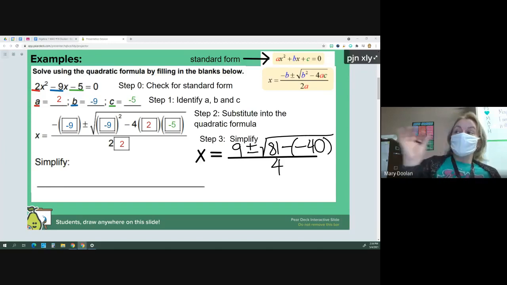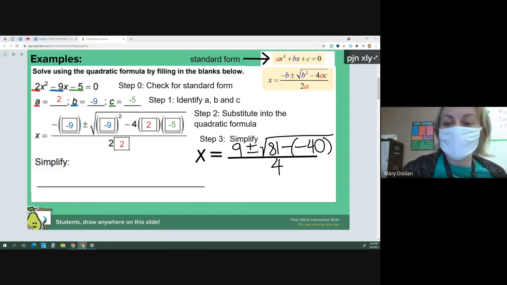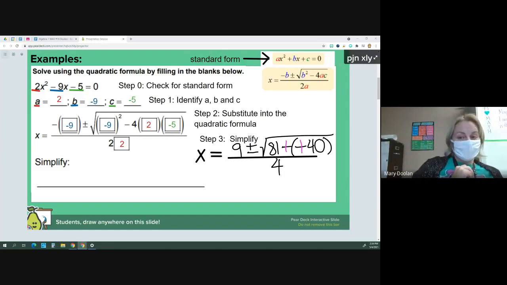I want to keep simplifying the discriminant and the square root. So right now I have 81 minus negative 40. When that happens, you change it to adding the opposite, so it becomes 81 plus positive 40 instead.